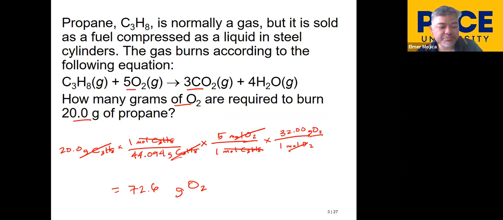It's around 72.5722. Okay, so I want you to double check. So this divided by this times this times this. And that's what it gives me. Oh, I cannot show you the calculator. It's 72.57.